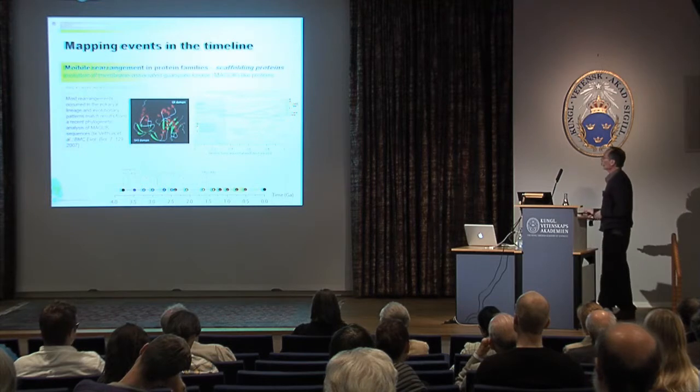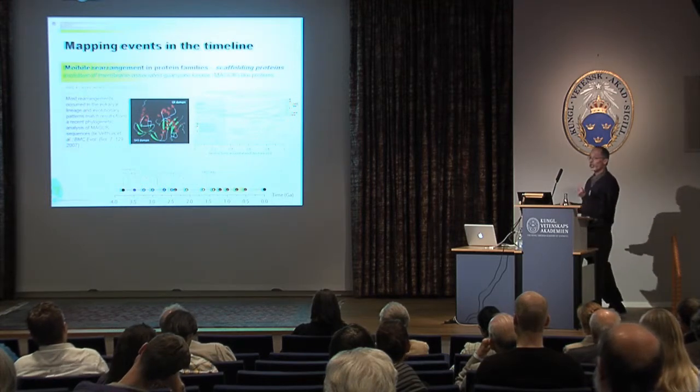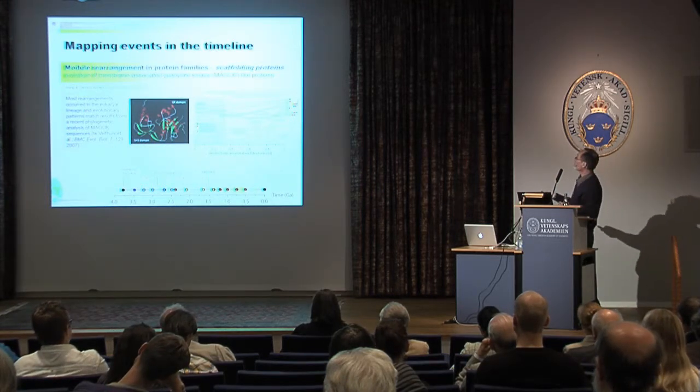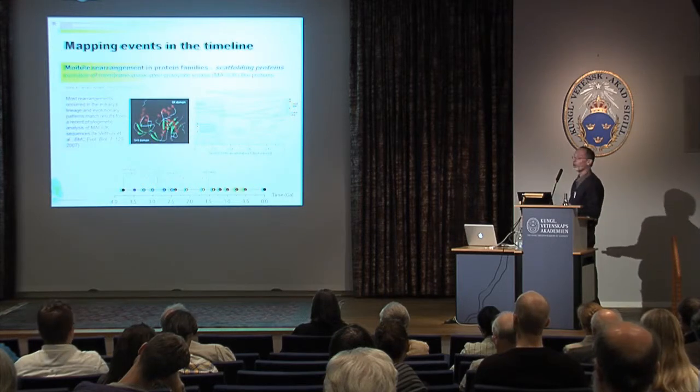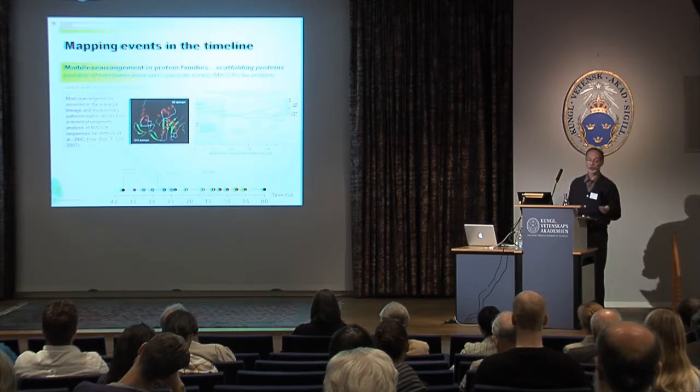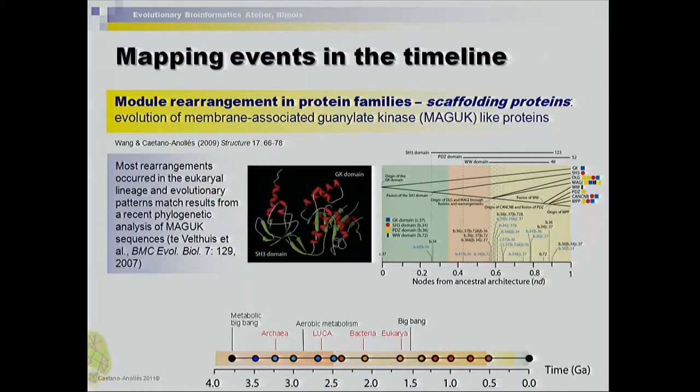So what we've done is basically go family by family, like for instance the scaffolding proteins, which we know are latecomers, important in multicellularity, and we've mapped all the domains that are linked to these 100-plus structures, and found that they are appearing when they should, after the appearance of the Eukarya and during the Big Bang of the protein world, followed obviously by cell adhesion receptors, proteins linked to multicellularity.